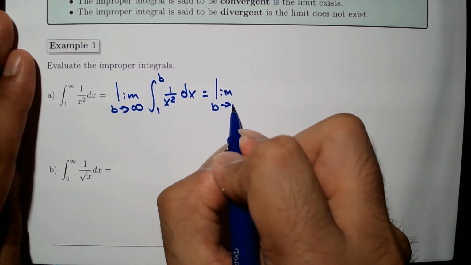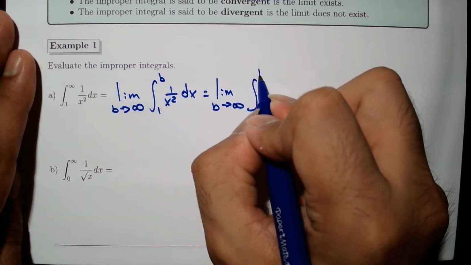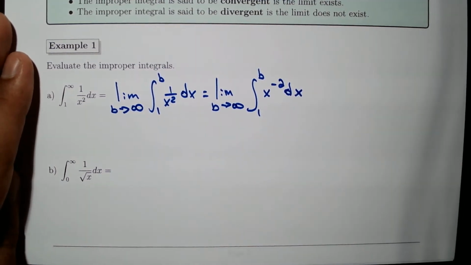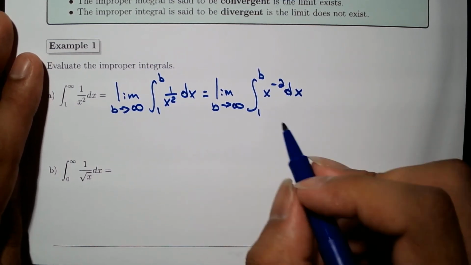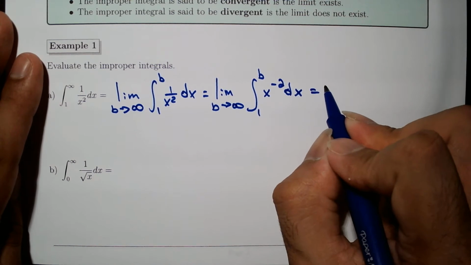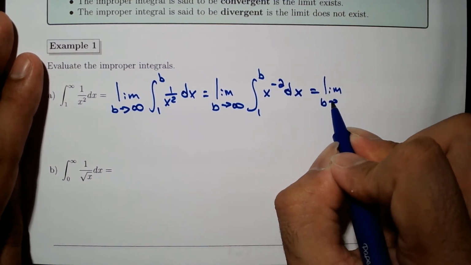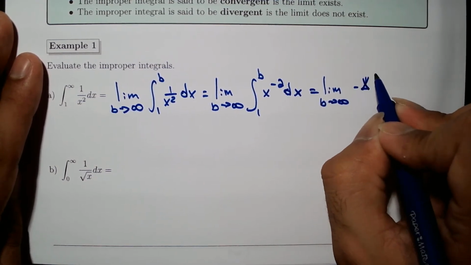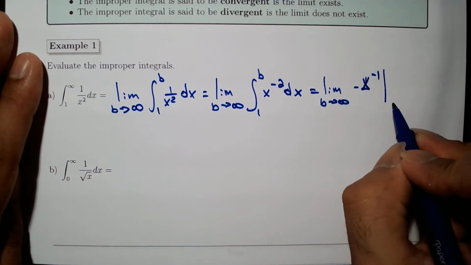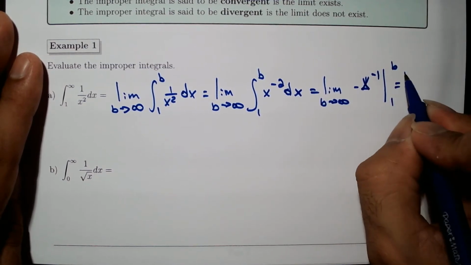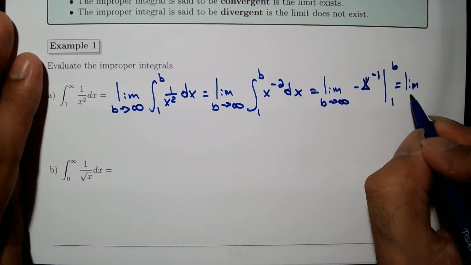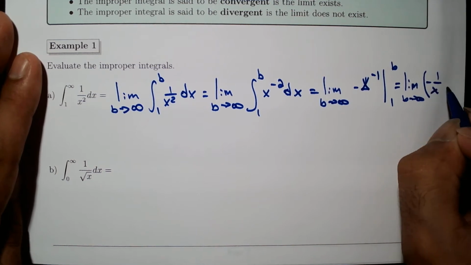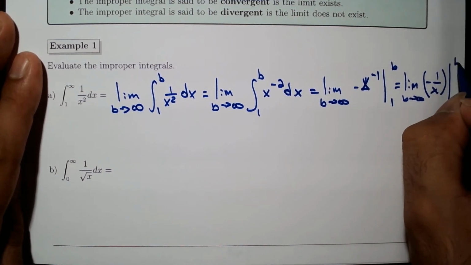Limit as b approaches infinity, from 1 to b, x to the negative 2 dx. In this case, the integral of x to the negative 2 by the general power rule gives us x to the negative 1 over negative 1, evaluated from 1 to b, which is the same as the limit as b approaches infinity of negative 1 over x, evaluated from 1 to b.